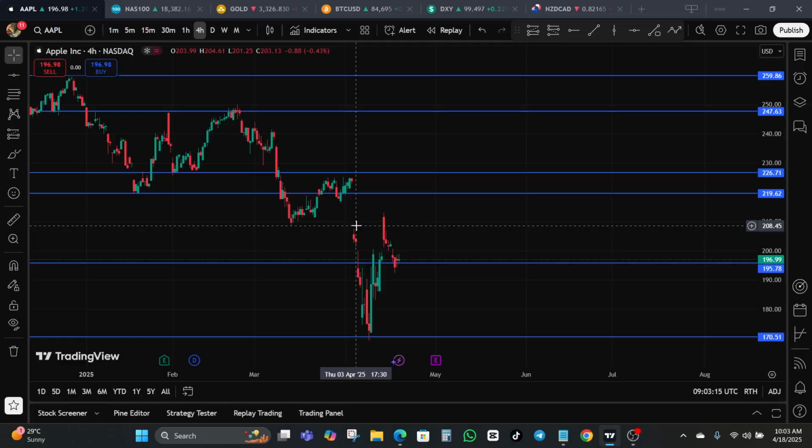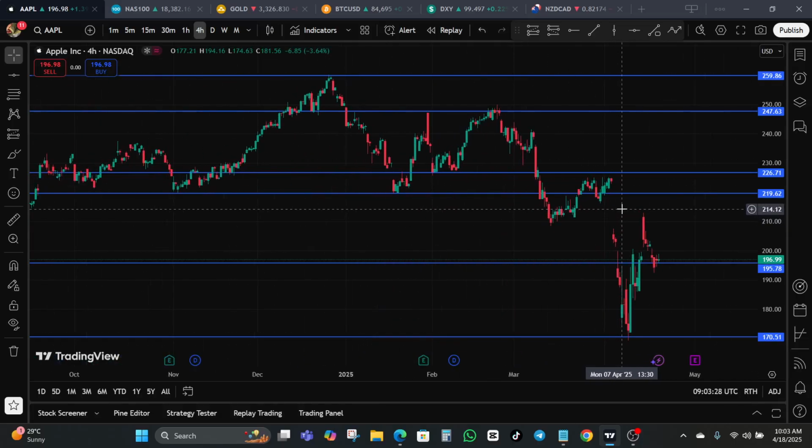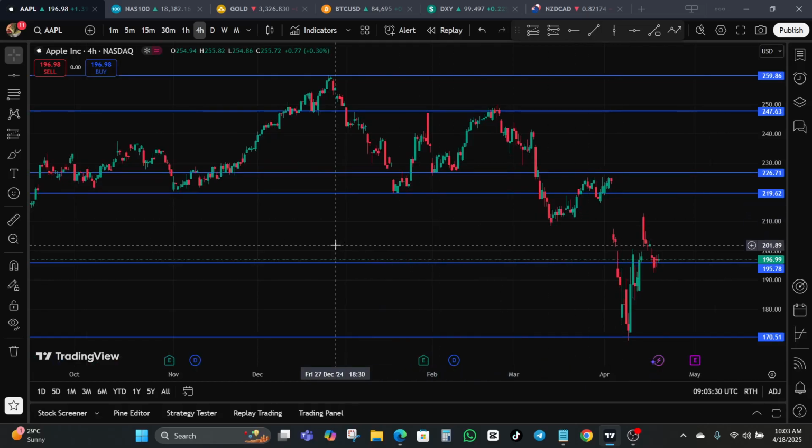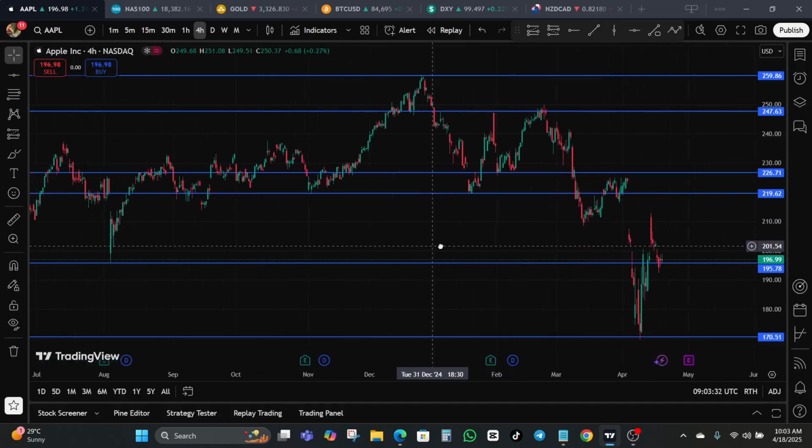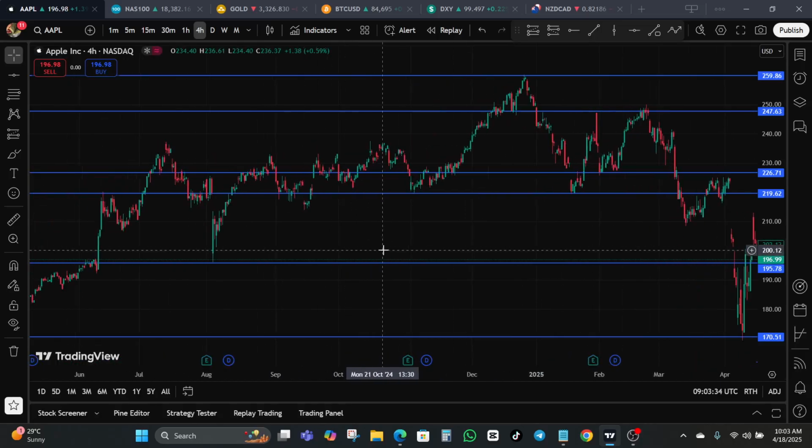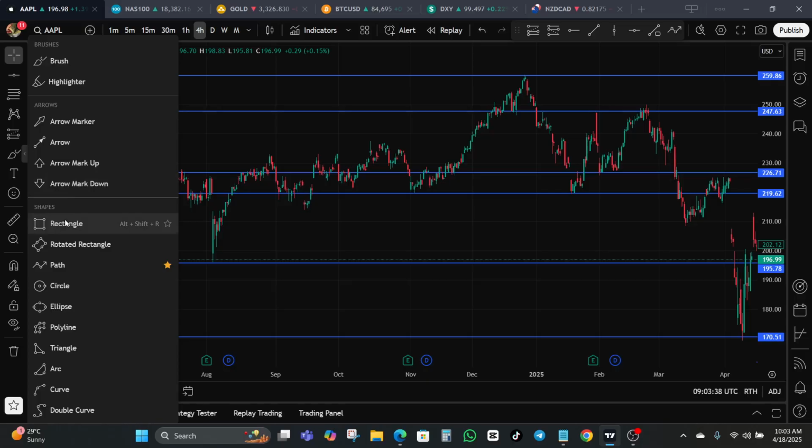Well, the first thing to look for is a stock that has been trading within a range for a while. Remember that for a breakout to happen, there has to be a range, or there has to be movement within a specified boundary, which is a range. Like you can see what happened here.